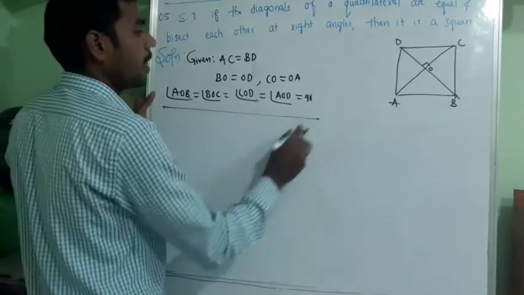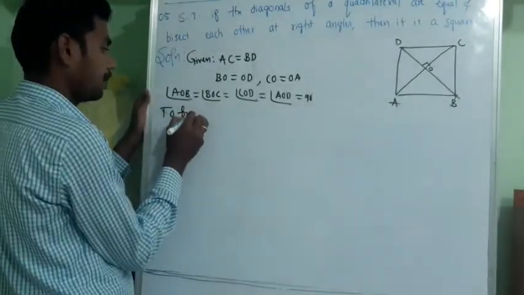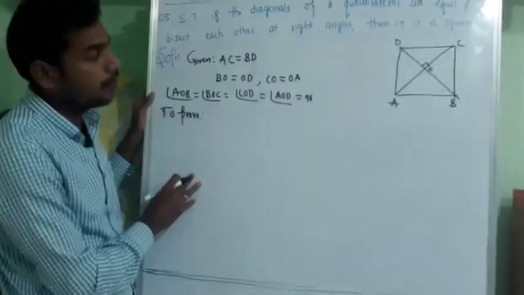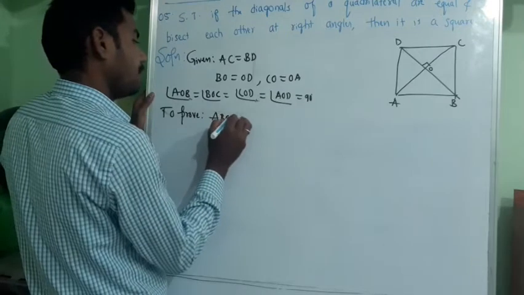So this is the given data. We need to prove what is required for us to prove. We need to prove ABCD is a square.